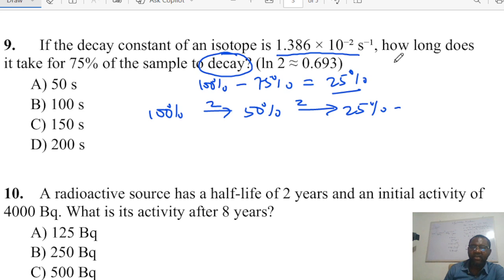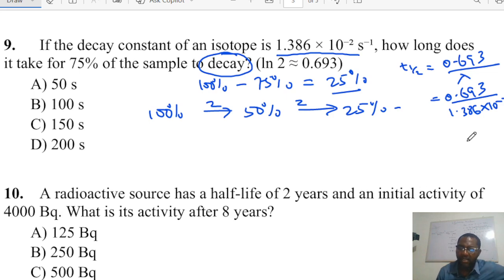Since we are given the decay constant, we can find the half-life, which is 0.693 divided by 1.386 times 10 to the power minus 2. And I see this to be equal to 50.